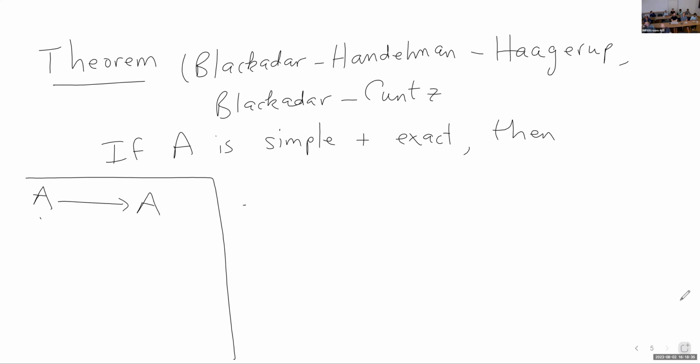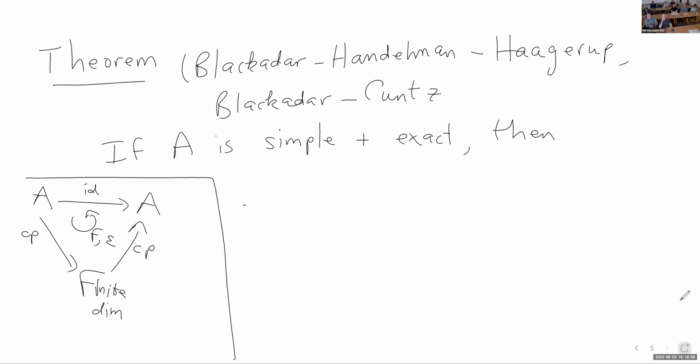So we can find some completely positive map down into some finite dimensional C-star algebra and some completely positive map going back up, such that on a fixed finite set, this commutes up to epsilon on this set. All right, that's what it meant to be nuclear.